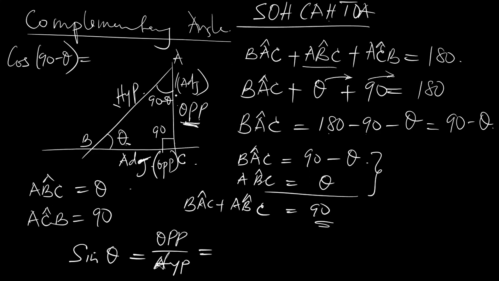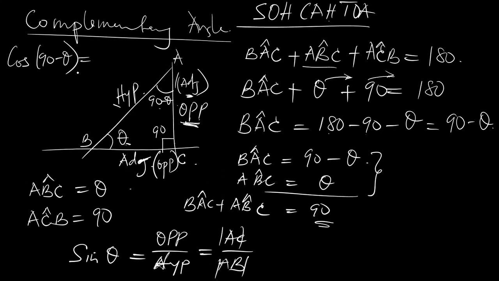Now, if you look at it, the adjacent of this angle is this. Now, let's use alphabets. Opposite of angle theta is AC all over AB, which is the hypotenuse.